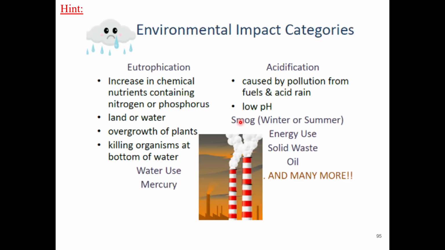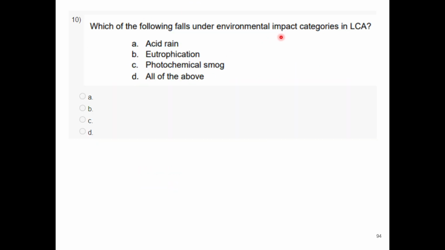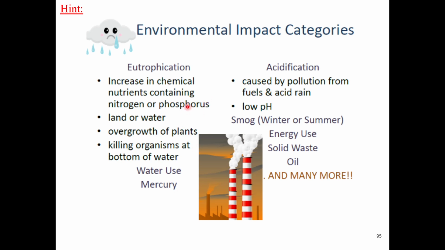Under environmental impact categories in LCA, eutrophication is coming, which is an increase in chemical nutrients containing nitrogen or phosphorus, can be both in land or water, resulting in overgrowth of plants and killing organisms at the bottom of water. So eutrophication is present. Acid rain is also present: acidification caused by pollution from fuels, low pH.